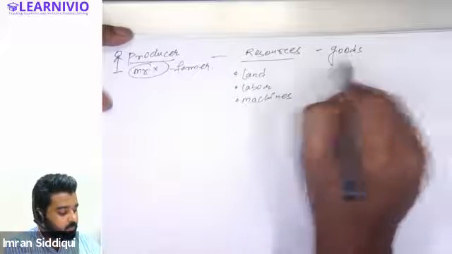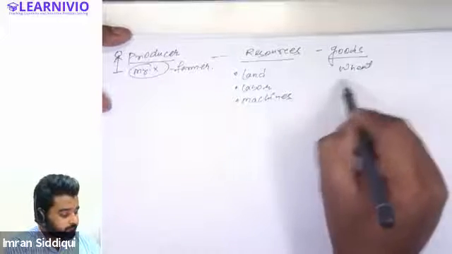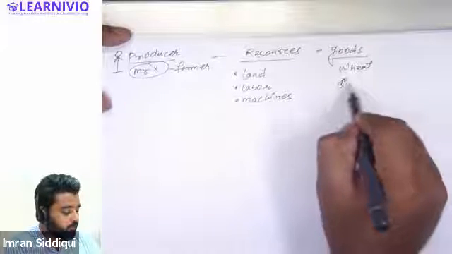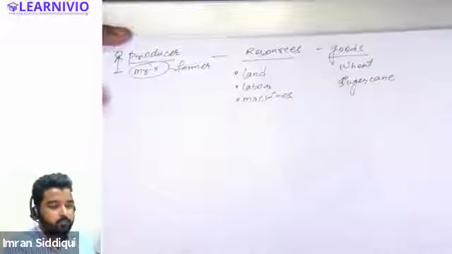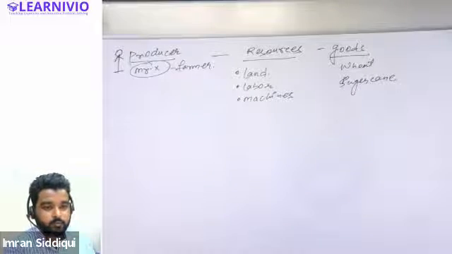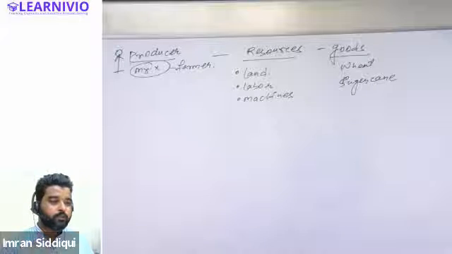Suppose he wants to produce wheat and sugarcane from his resources. So there is a producer, Mr. X, who is a farmer, and he wants to produce two kinds of goods, wheat and sugarcane, using the available resources, which are land, labor, and machines.